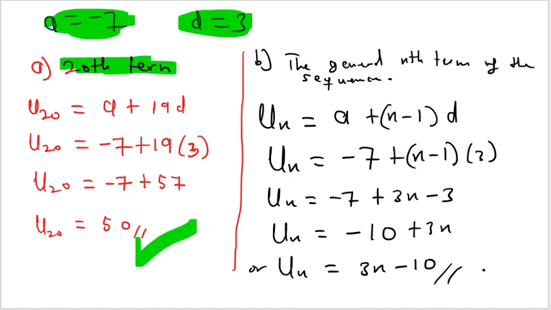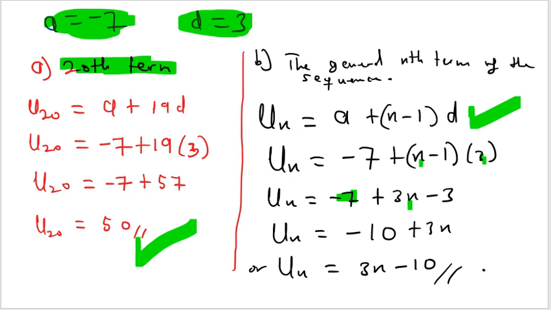Now the question also is asking us to find the general nth term of the sequence. We know that the general formula for an AP is this. So our a is negative 7 and the common difference is 3. So we can expand. 3 times n will give us 3n, and 3 times negative 1 is negative 3.